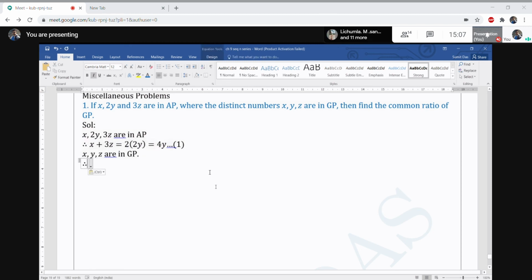Therefore we can write y square is equal to xz. Okay, that is number 2.